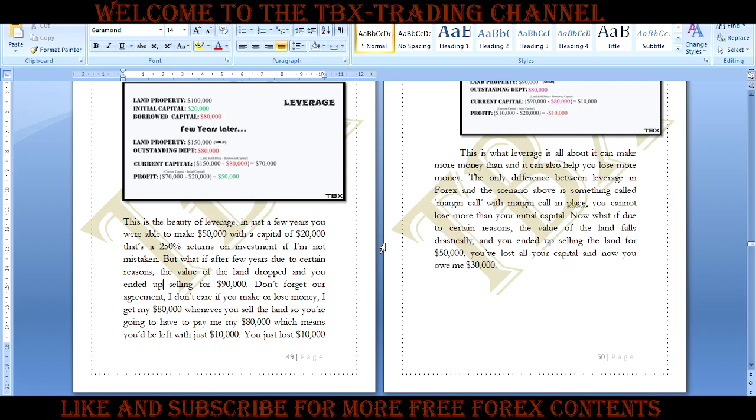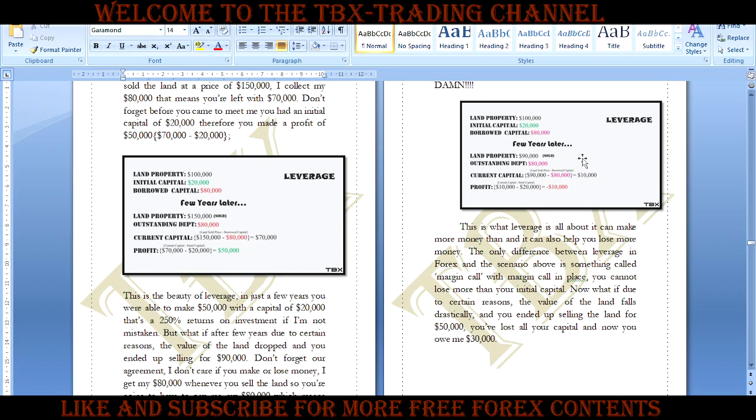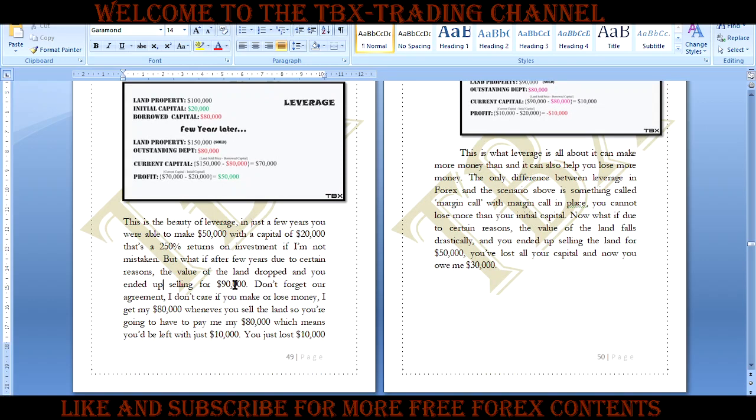So let's look at it here. You bought it for $100,000. A few years later, when you're selling it for $90,000, the value of the land depreciated and became $90,000. Don't forget, we initially bought it for $100,000. I don't really care what happens to the land. I want my $80,000 back. So if you remove your $20,000 from your $90,000, I'm going to have $70,000.